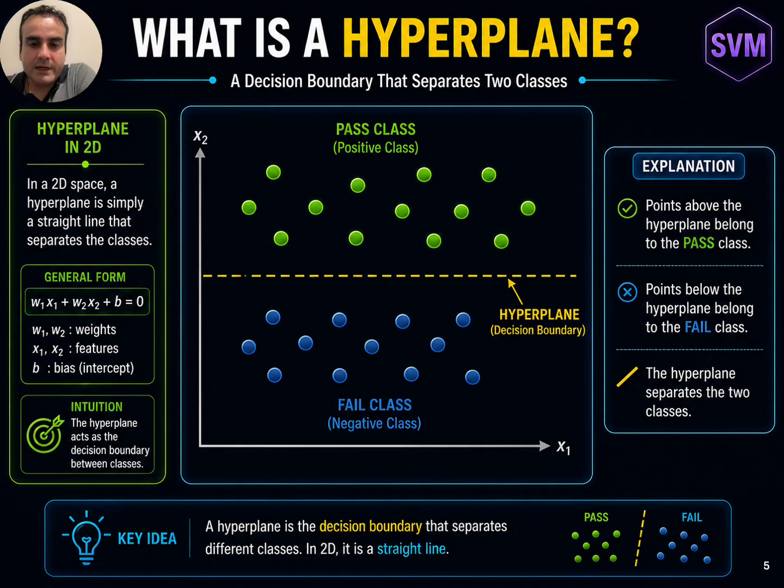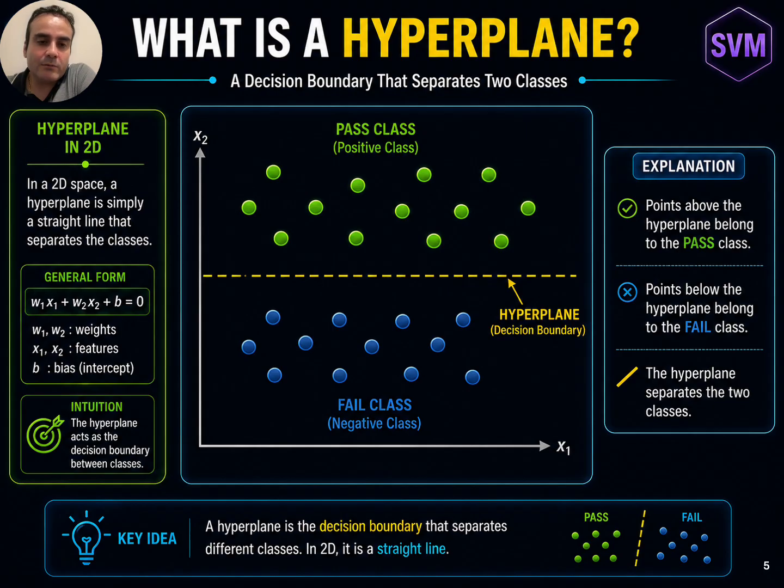The hyperplane is the decision boundary used by SVM to separate classes. In this two-dimensional example, the hyperplane is represented by a straight line separating the pass class from the fail class. Any point located above the line belongs to one class, and points below the line belong to the other class.